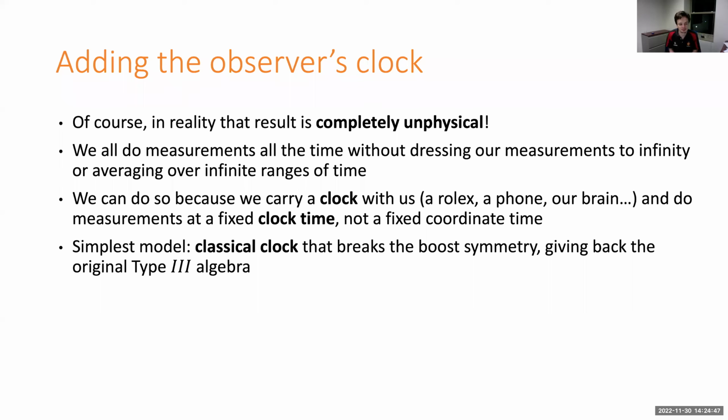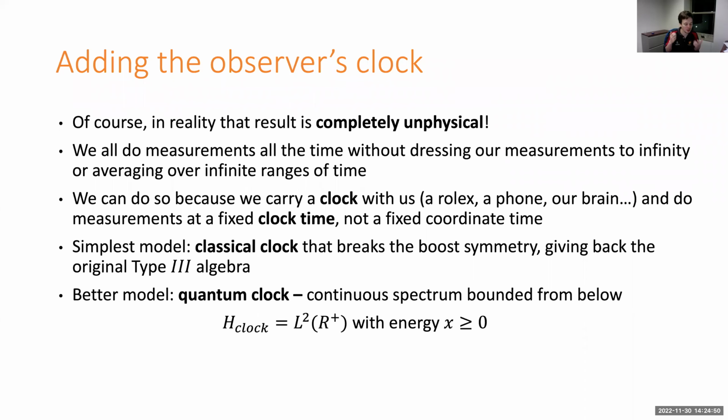We can do something better. We recognize the fact that whatever degrees of freedom I'm using to tell time and do measurements at specific times, rather than averaging over infinite ranges of times, has to be quantum mechanical because the universe is quantum mechanical. So rather than adding in some classical clock on the world line, a better model would be to add a quantum clock on the world line. We'd like this clock to be able to resolve arbitrarily small time periods in the semi-classical limit, and also to be able to work for a long period of time, much longer than the de Sitter time.